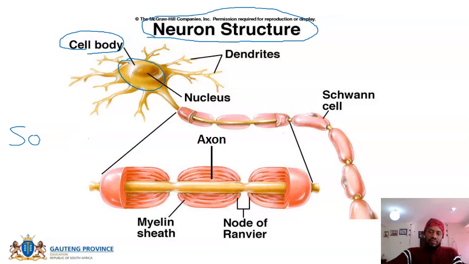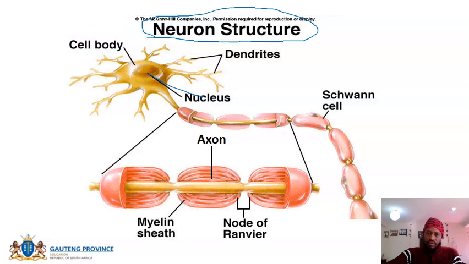It has a nucleus inside of it. It has cytoplasm, just like animal cells. It also has cytoplasmic inclusions like mitochondria, Golgi body, endoplasmic reticulum, lysosomes, etc. So it functions like a normal cell.